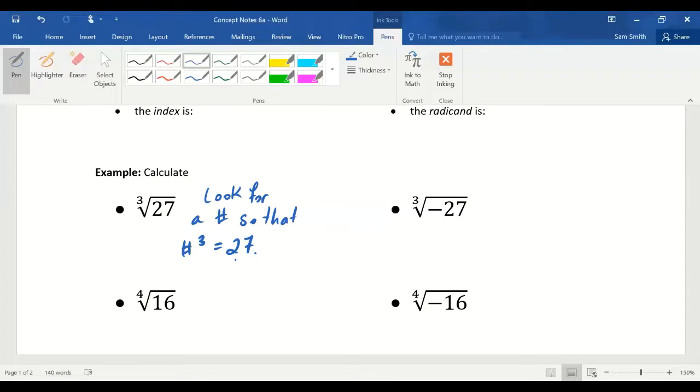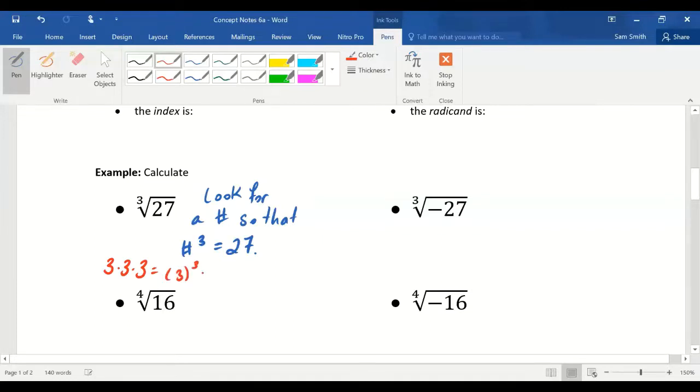But if I start to work with 3, and I do 3 times 3 times 3, I do 3 cubed, that is 27. So what I would say is that for the final answer, the cube root of 27 is 3. Why? Because 3 times 3 times 3 gives me 27 back. 3 cubed is 27.